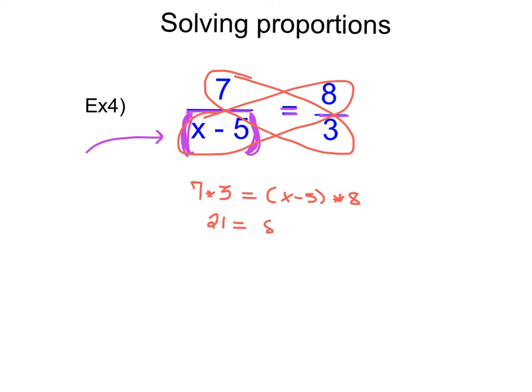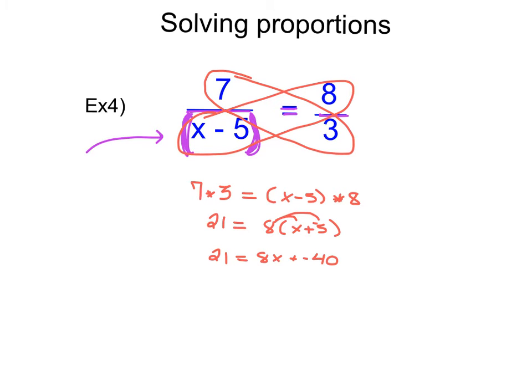Here, this is really 8 times x minus 5. If you like to look at it that way, that's okay. Really, what's happening here is we need to distribute the 8 to the other two numbers. So we have 21 is equal to 8x. Then I'm going to utilize keep change here and do plus negative 40.